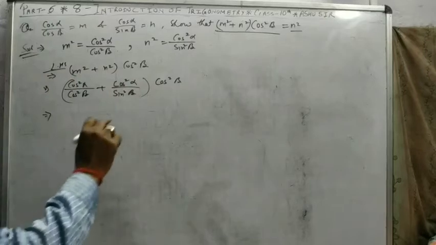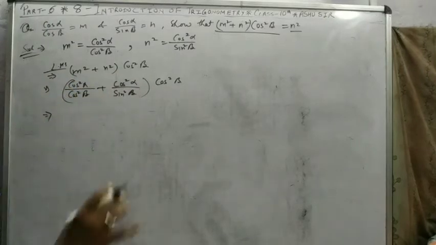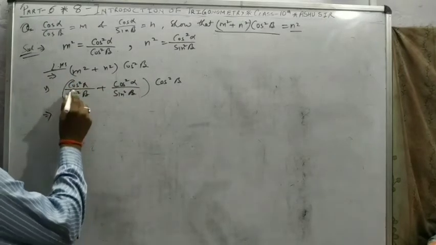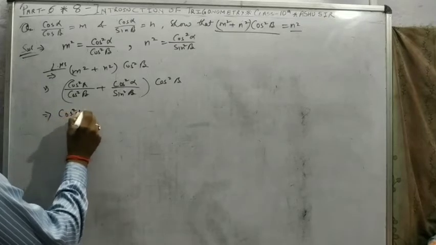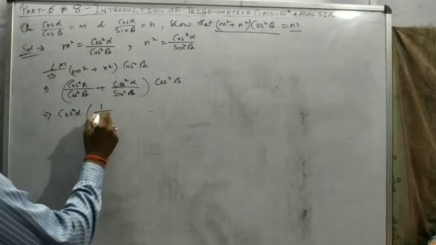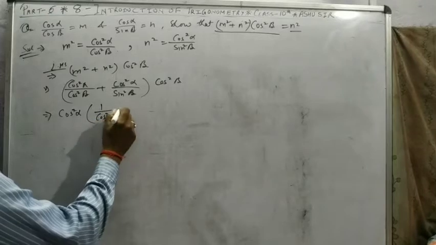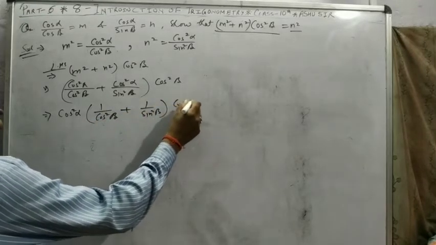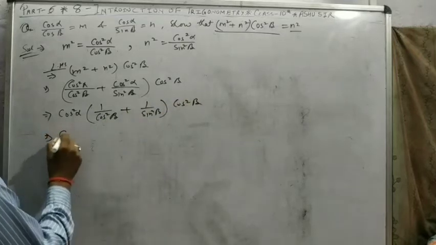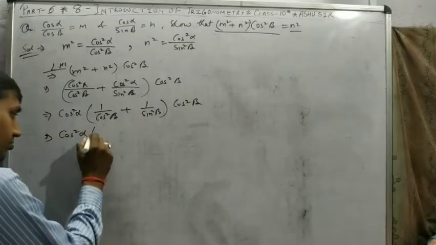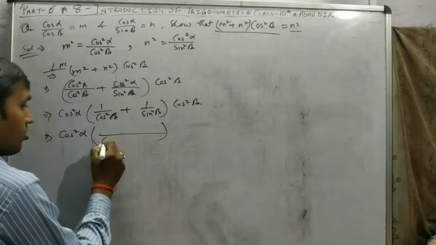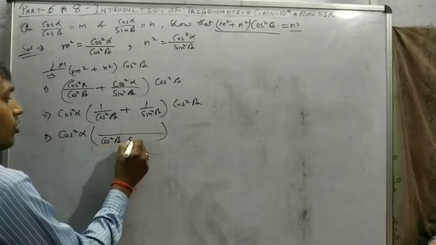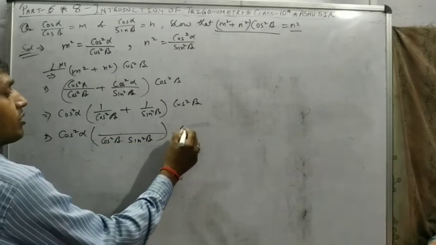Then we want sin square beta in the denominator and only cos square alpha in the numerator. So we take the LCM or the common. Firstly, cos square alpha is common in both. So you get 1 upon cos square beta plus 1 upon sin square beta, into cos square beta. You can take the LCM: cos square beta into sin square beta.